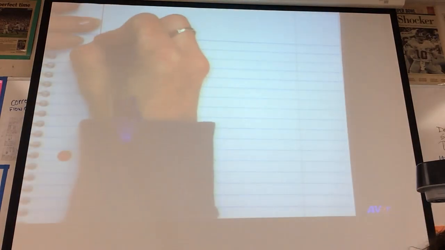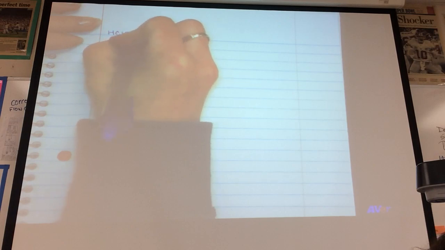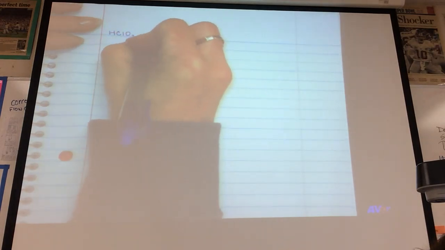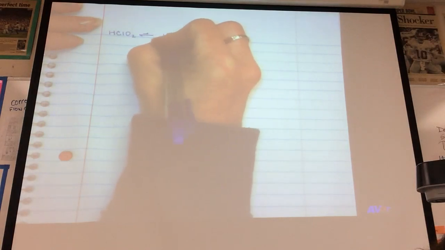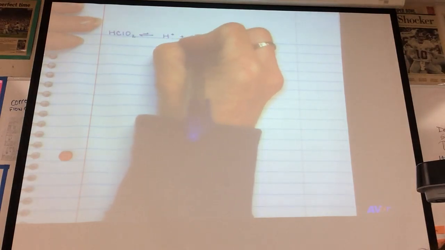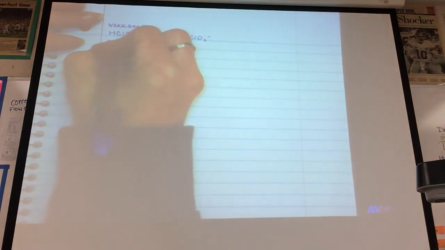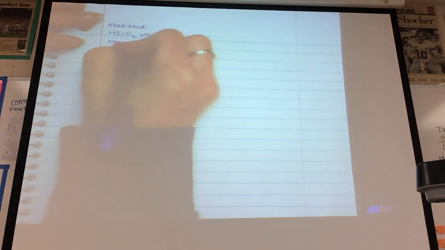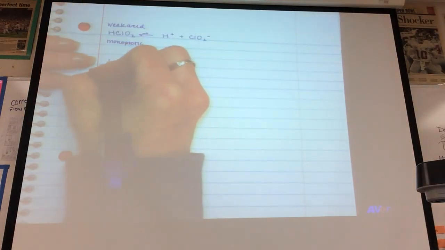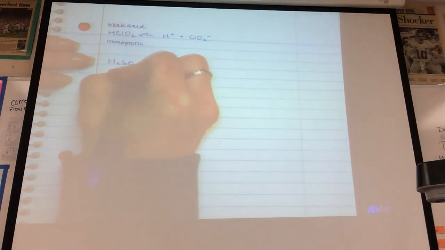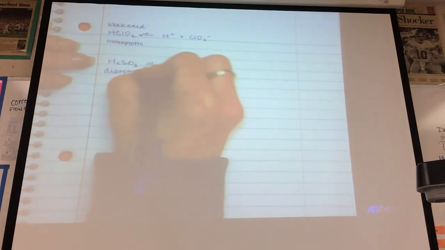I did show you mono, di, and triprotic, but for example, if you had chlorous acid, it is a weak acid, equilibrium lies far to the left. This is a weak acid, and this weak acid is monoprotic, 1 ionizable proton, as opposed to sulfurous acid, which is diprotic, 2 ionizable protons.